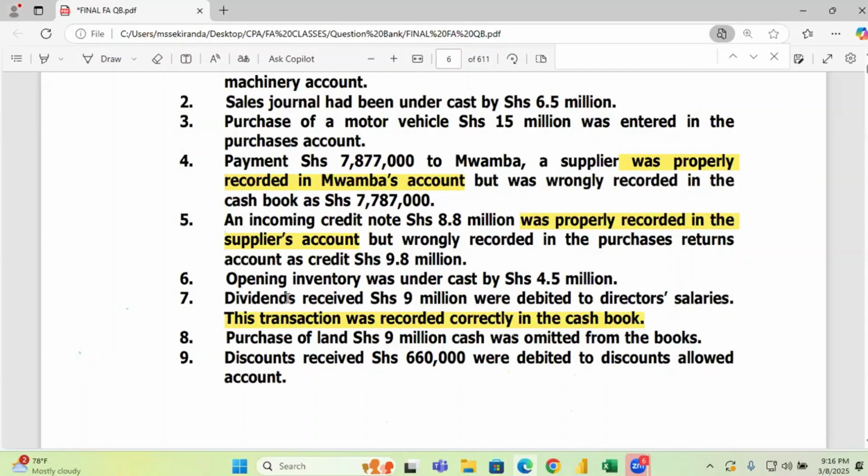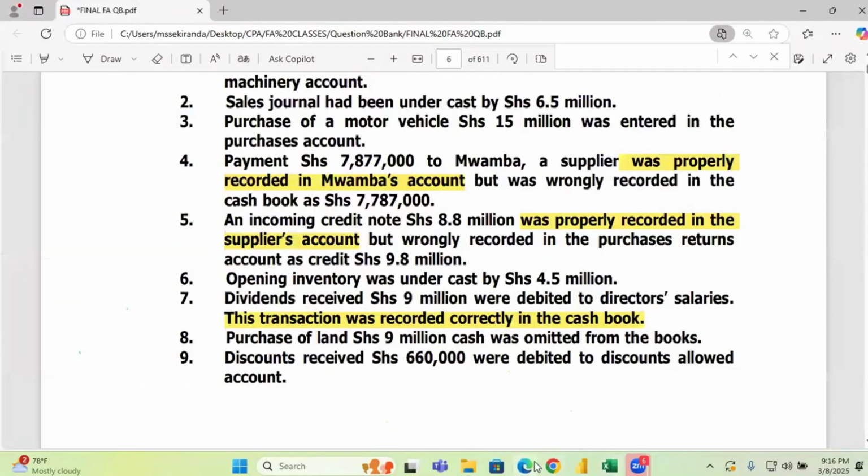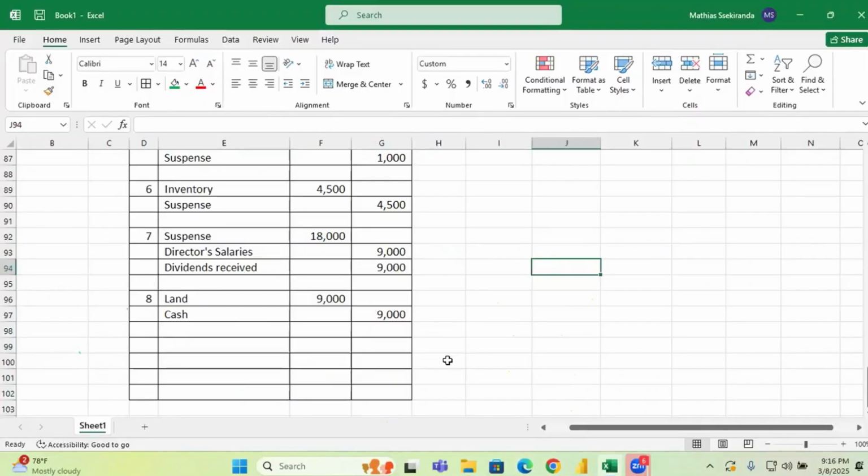Can we pass it by debiting land, because land is a non-current asset, it has to be debited, and credit the cash book, because we used cash to close that transaction. So for errors of omission, please never introduce a suspense, but rather enter it the way you were supposed to enter it in the first place.